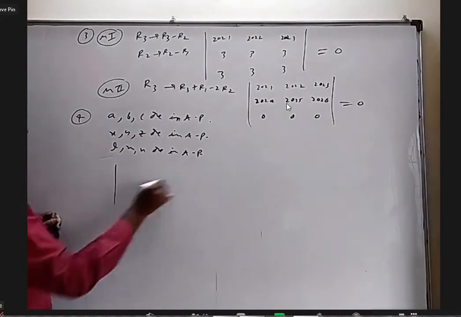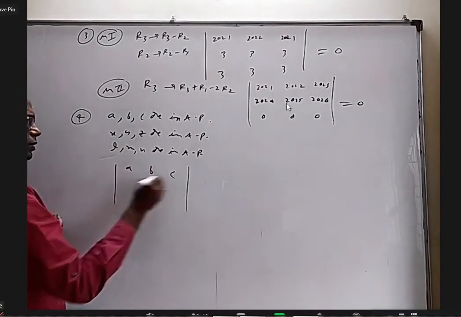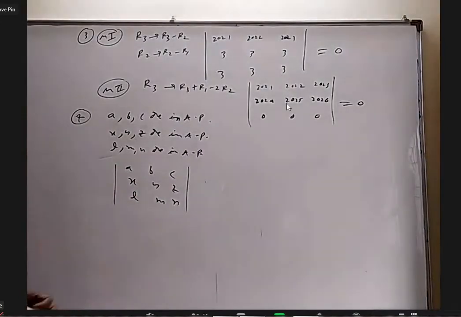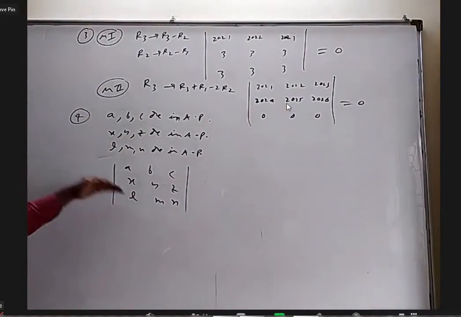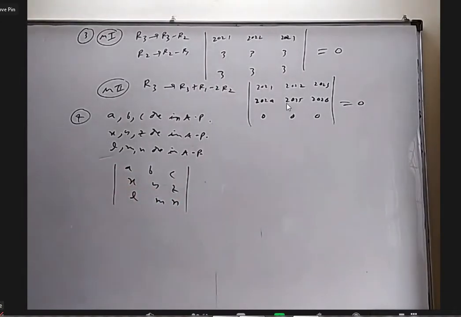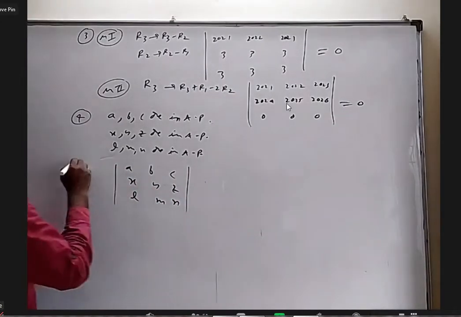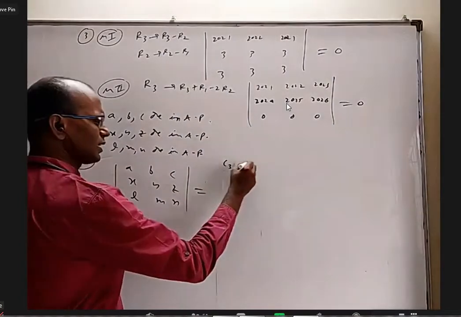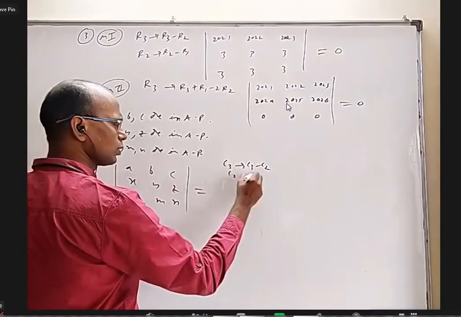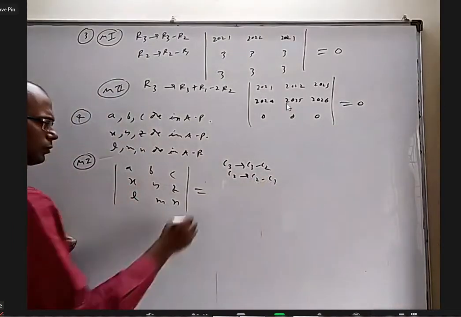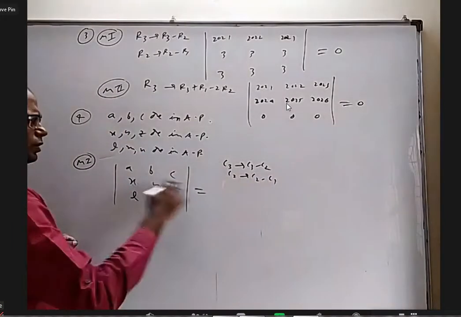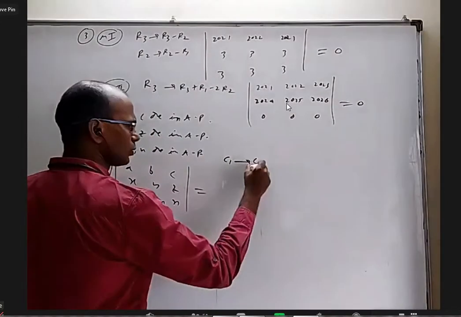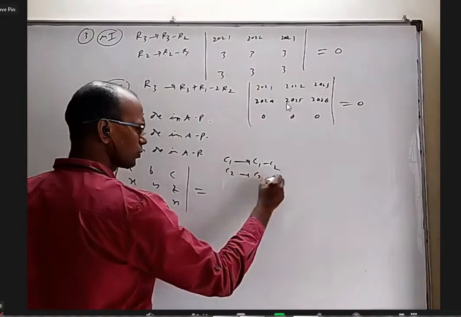So now you take det of A, B, C, X, Y, Z, L, M, N. Here it is not worth subtracting rows, so better to use the columns. Okay. So in method 1, I want to write column 3 as column 3 minus column 2, column 2 as column 2 minus column 1. Or you can even write it the other way: column 1 as column 1 minus column 2, column 2 as column 2 minus column 3.